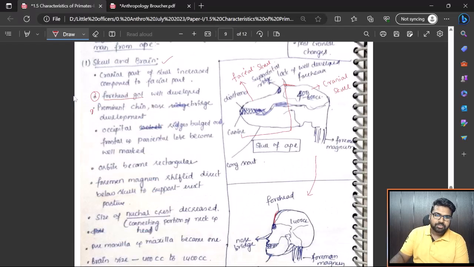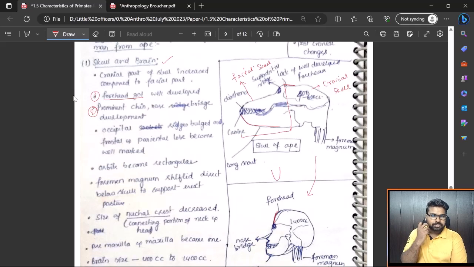Okay. And second thing is the prominent chin and nose bridge got developed. Earlier, in case of chimpanzee and other apes, the chin is not developed because it is all about the jaw, lower jaw, that is called mandible. So it was protruding like this. Then as it started receding, it started developing V-shaped dental arcade.